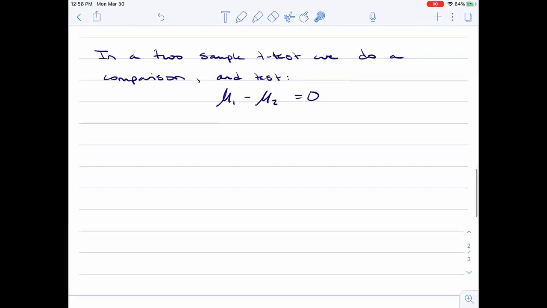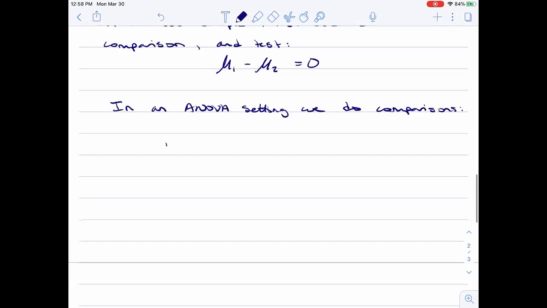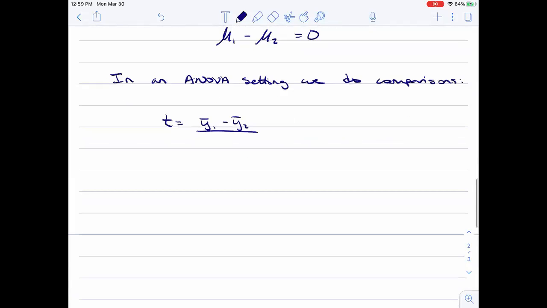In an Anova setting, we do comparisons using t equals y1 bar minus y2 bar over the square root of the mean squared error times 1 over n1 plus 1 over n2.